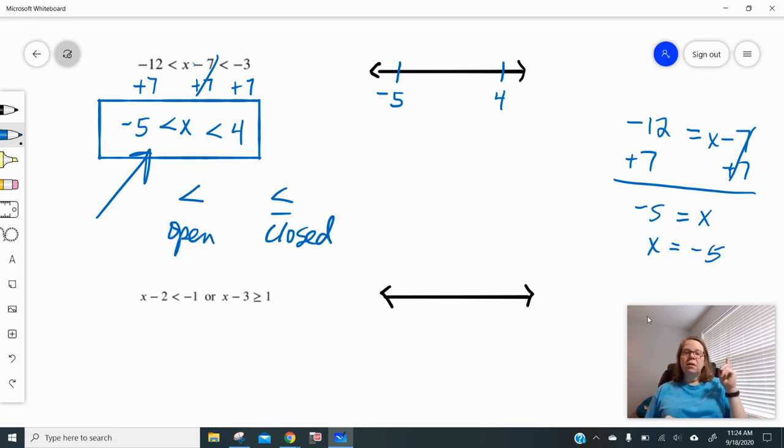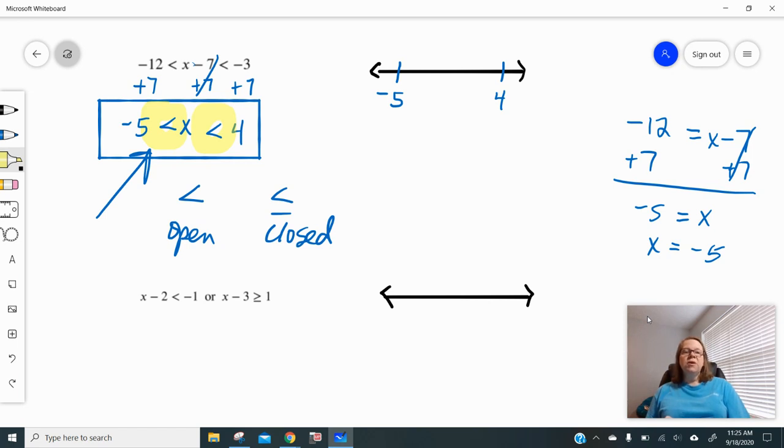And by the way, good tip to know, these signs here can be different. One could be less than and one could be less than or equal to, and that's okay. That would just mean one circle would be open and one circle would be closed.